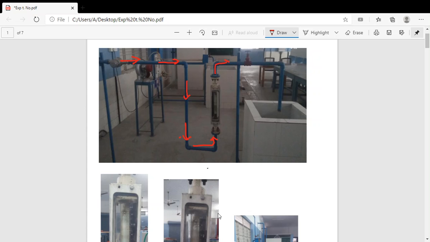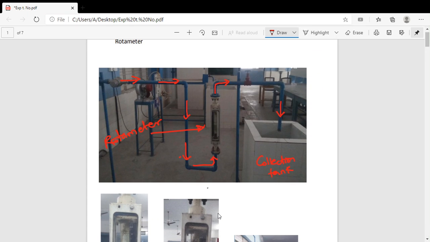After flowing through the rotameter, it will be entering the collection tank. So this is the collection tank and this is the rotameter. In the extreme left also you are having a flow meter.